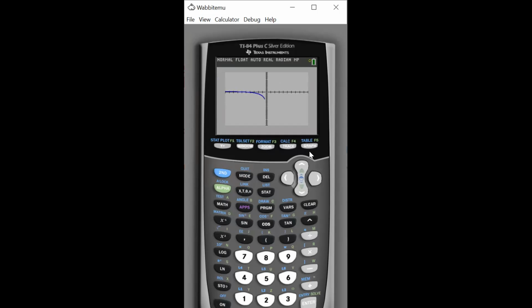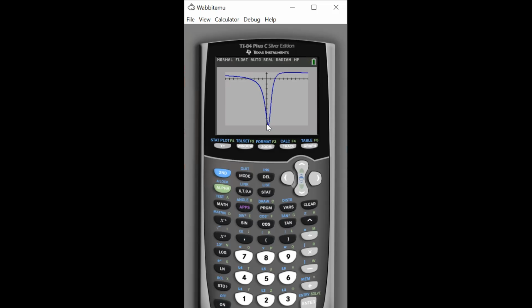So take a look at how it looks. Look how it's kind of going in a weird little dive. But if you're not sure about that, we can also go up to zoom fit, which should fit this a little better. Do you see the y = 1 right there? That's your horizontal asymptote. And look at this graph. It does not exceed the 1.